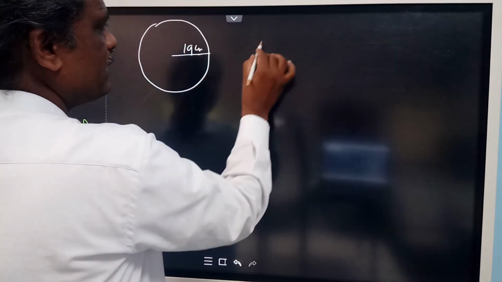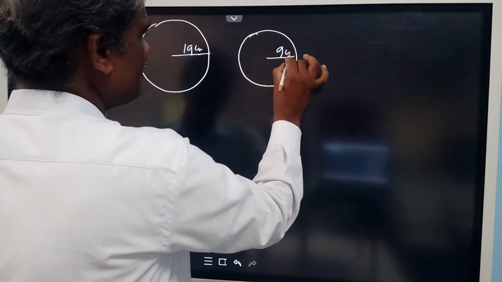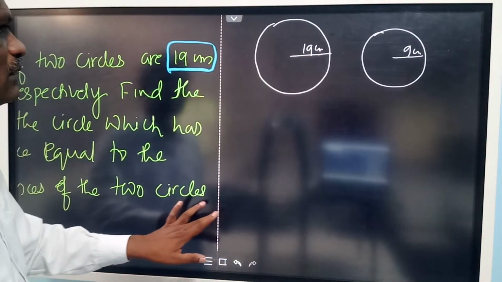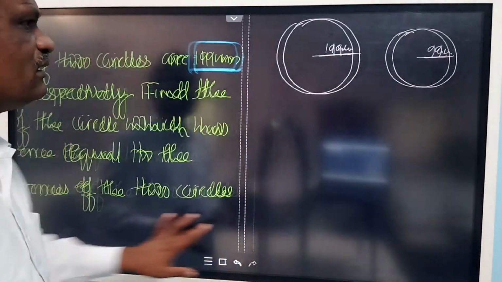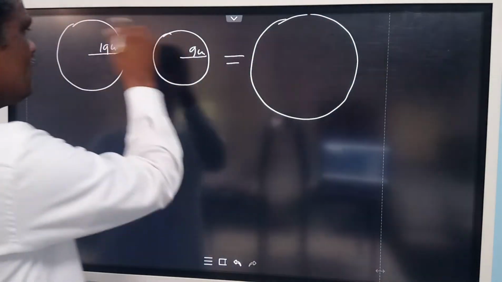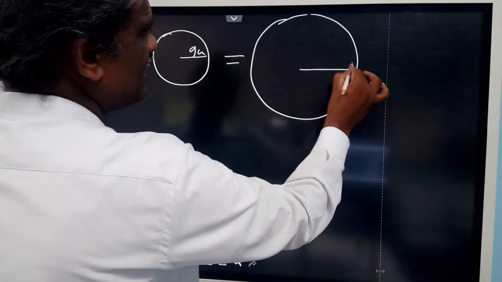Then another, a smaller circle of radius 9 centimeter. You have to find out the radius of the circle whose circumference is equal to the sum of the circumferences of these two.